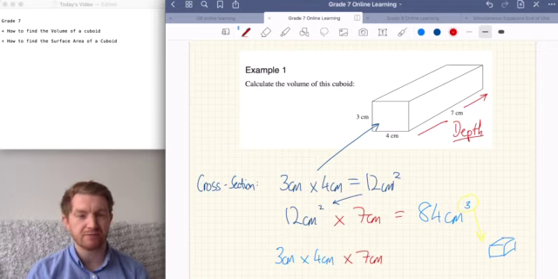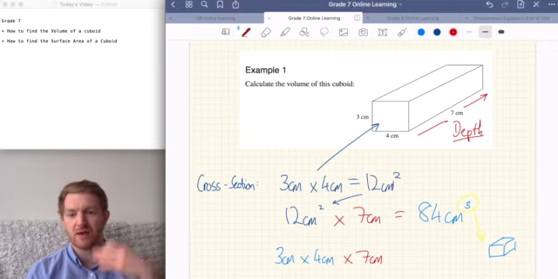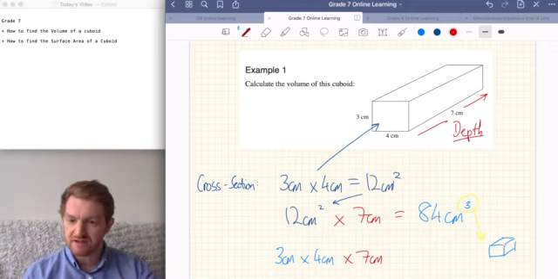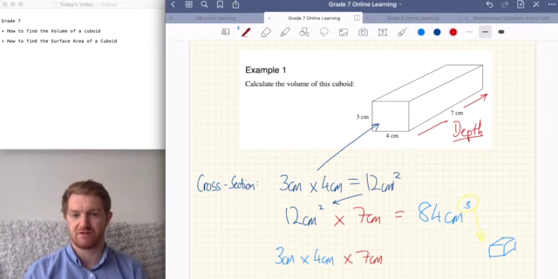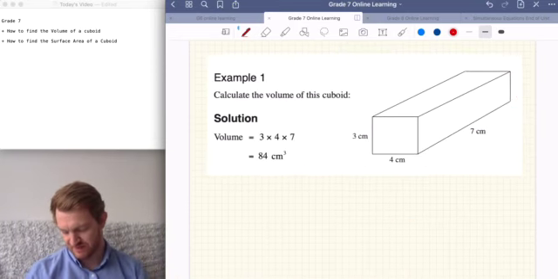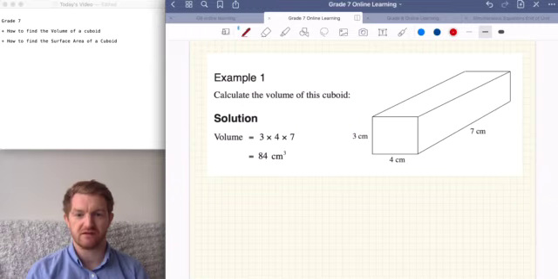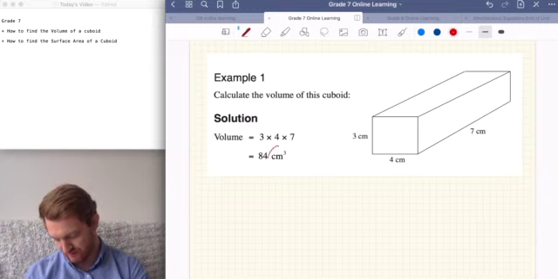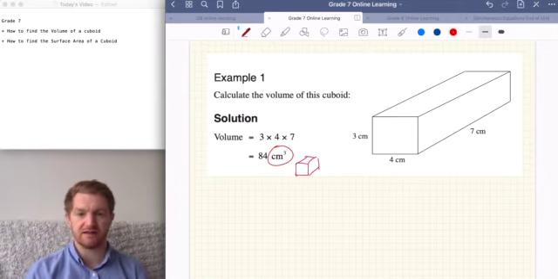But think of it as the front multiplied by the depth, because that will help us, well, not with cuboids, but when we do other shapes later in this unit. And as you can see, 3 times 4 times 7, 84 centimeters cubed. Don't forget your unit, centimeters cubed. Keep thinking about it as literally little cubes.